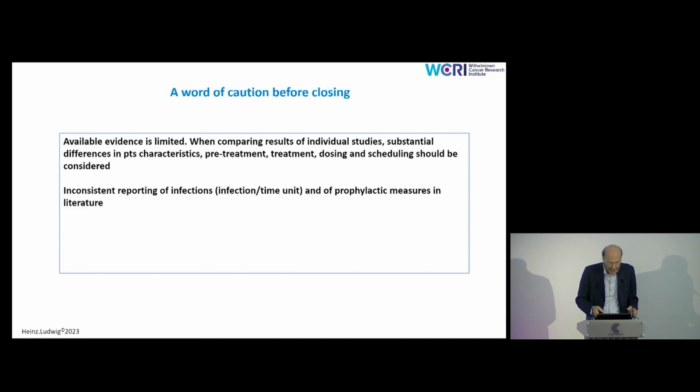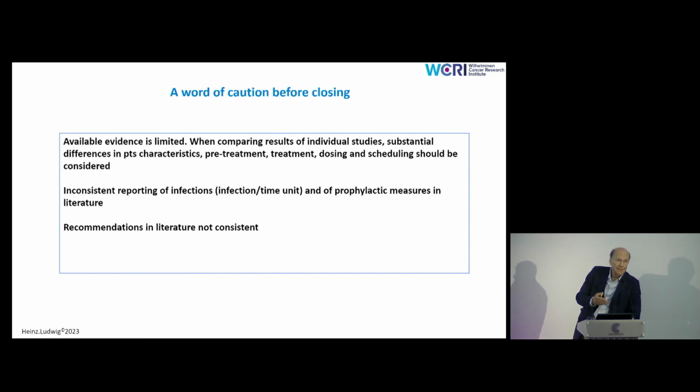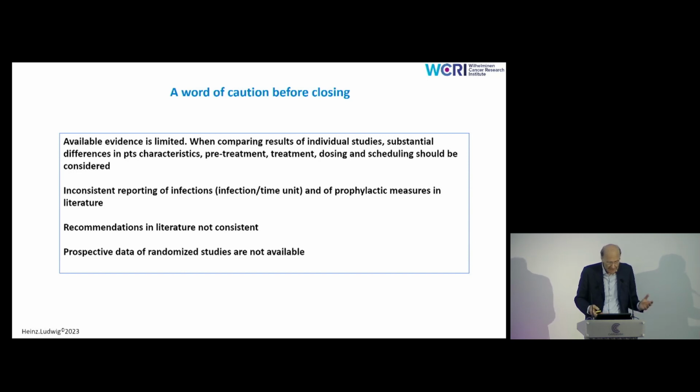And we are lacking prospective randomized trials, and there's inconsistent reporting of infections. The recommendations in the literature are not completely consistent for all pathogens, and as mentioned before, prospective data from randomized studies still have to come, but it will not be easy to do this.